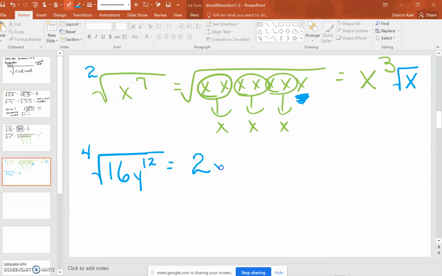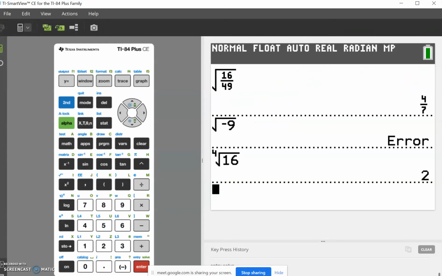With y to the 12th, I'm going to say 12 divided by 4 leaves me with 3. 3 times 4 is 12, and there's none left over. So then that would be my solution. Let's say I have the cube root of negative 27x to the 21st power. Okay, I've got the cube root, so let's go to the calculator. I'm going to do 3, math.